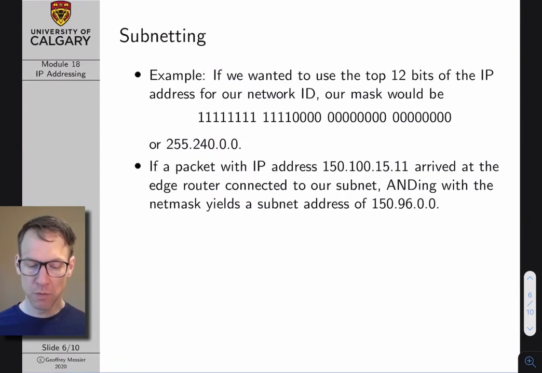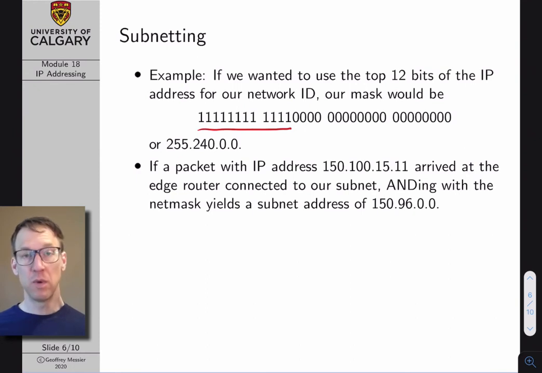To be more specific about that, let's say, for example, we wanted to use the top 12 bits of the IP address for our network ID. What we would do then is have a subnet mask equal to 1 in the first 12 bits. Or in dotted decimal notation, our subnet mask would be 255.240.0.0.